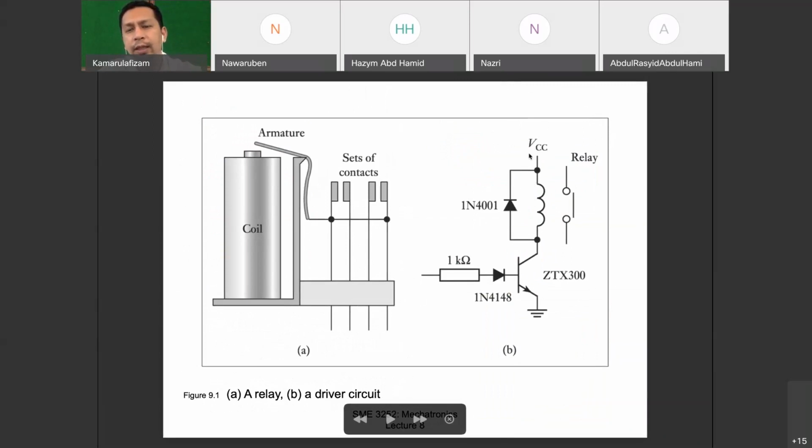Okay, maknanya VCC I ni kena 12 volt. Only I can put it this relay. DC current, dan biasanya relay only takes dalam 10 milliamp, 20 milliamp saja current yang digunakan oleh relay lah.